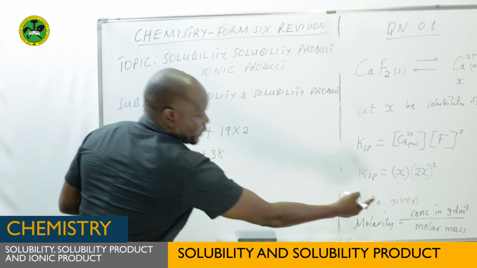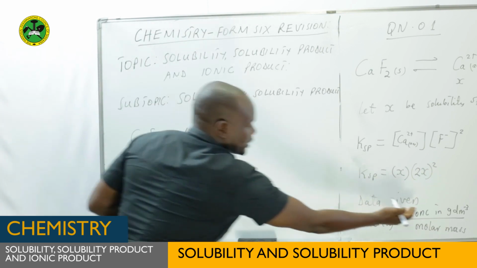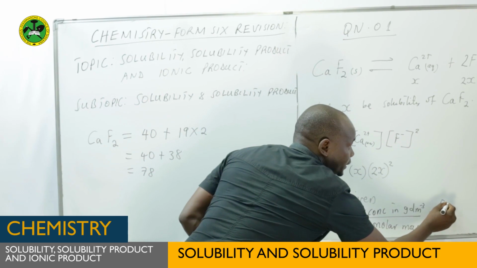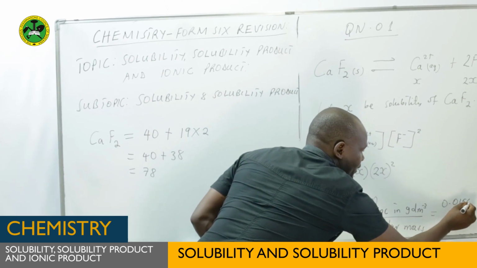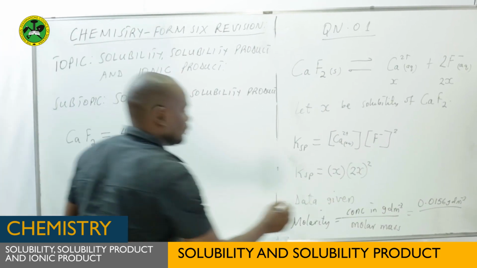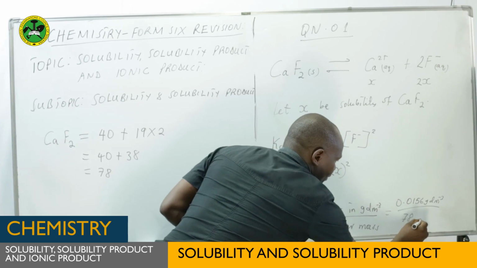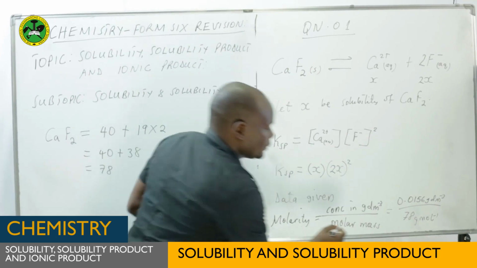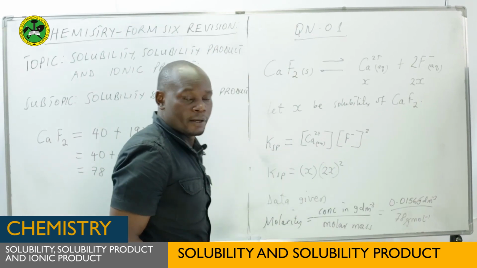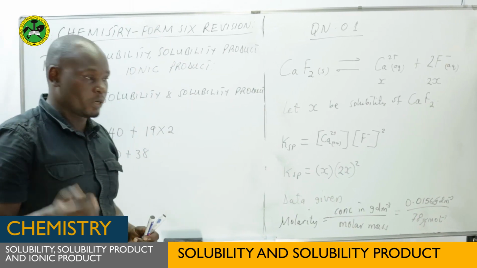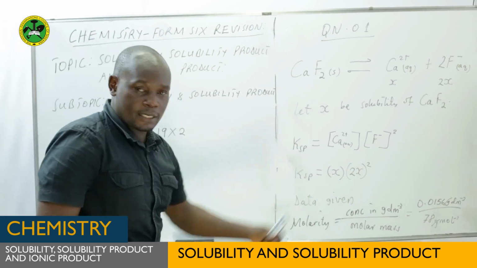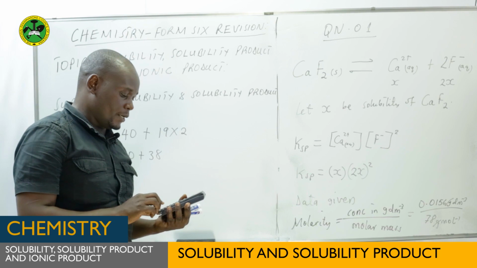Now, if we substitute into the equation, the concentration in gram per decimeter cubed we have been given is 0.0156, divided by the molar mass, which is 78 gram per mole. Grams will cancel with grams, so you remain with the units of moles per decimeter cubed. Now, my dear students, you can take your calculator and calculate the molarity of calcium fluoride in moles per decimeter cubed.